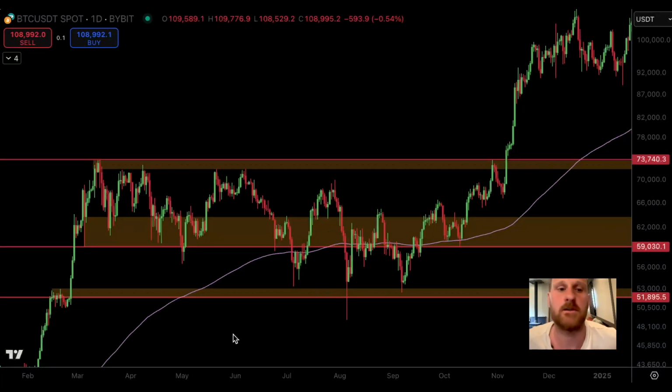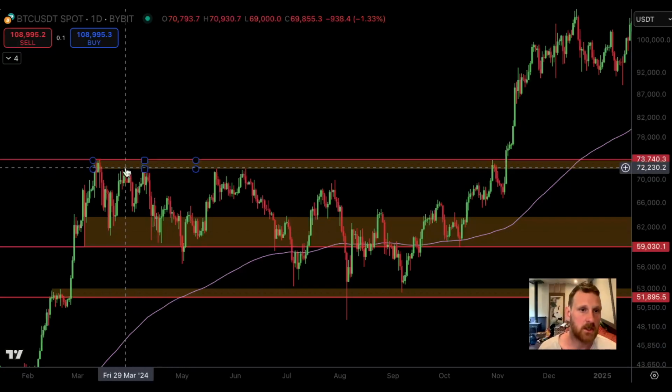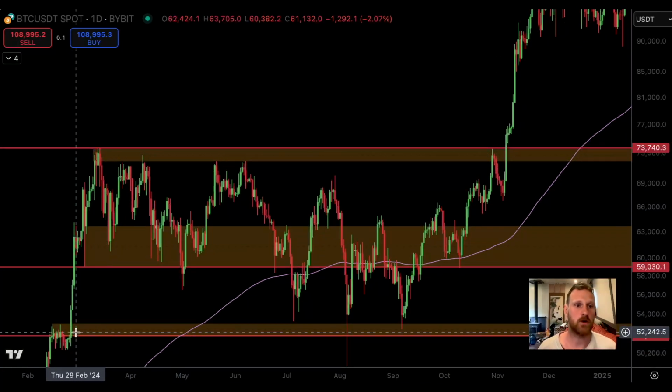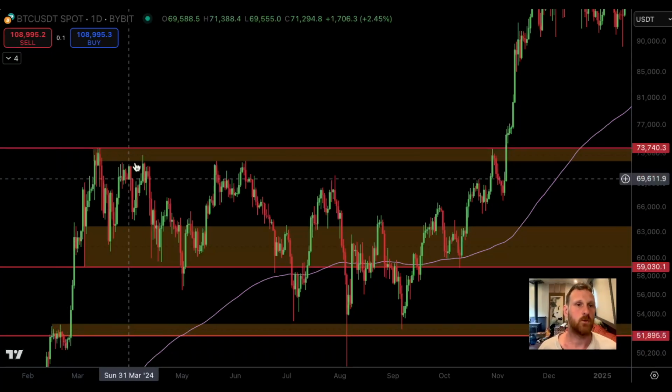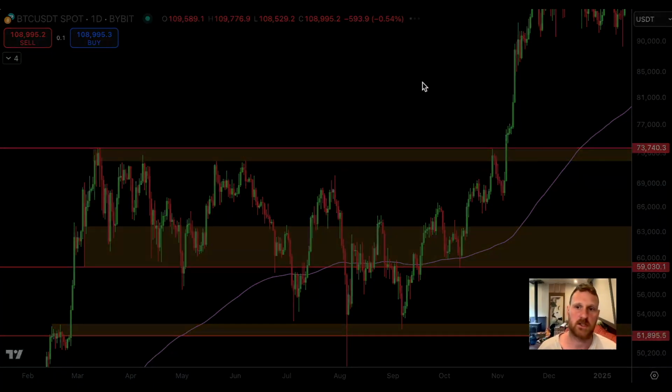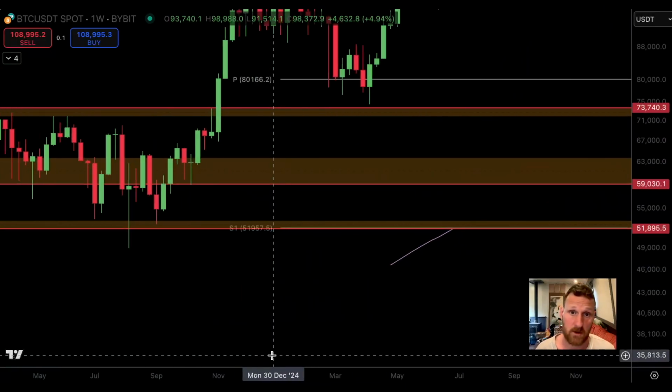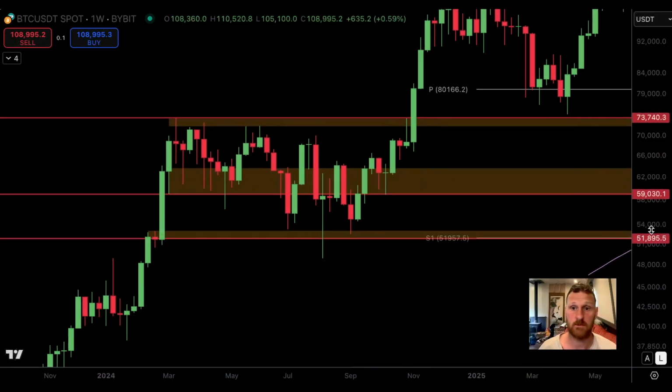Okay, sorry about that, we're back. I was saying sometimes the clusters that you identify as high volume nodes instead of the wicks are often just the wicks on the higher time frame, as we can see here from the weekly time frame.